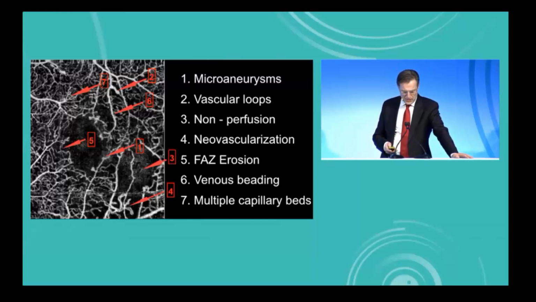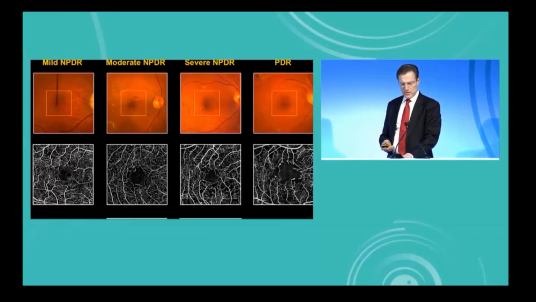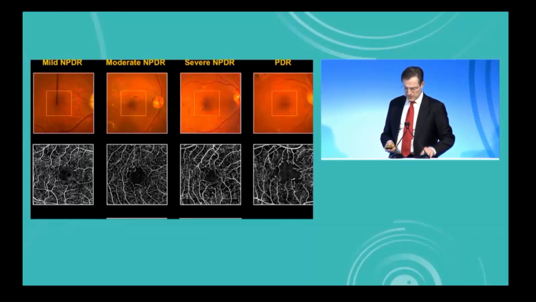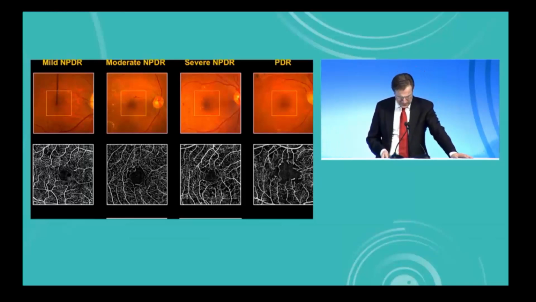And here on the next slide, we have an example of how progression from mild to moderate, severe, and proliferative diabetic retinopathy looks, not in one and the same eye, but in 4 different eyes that are representative of these categories.